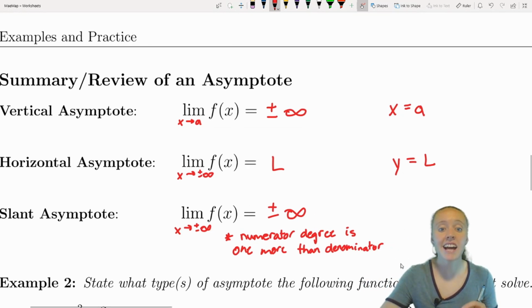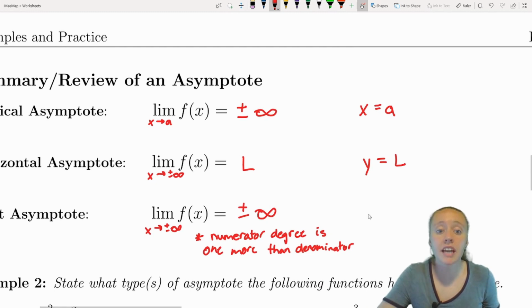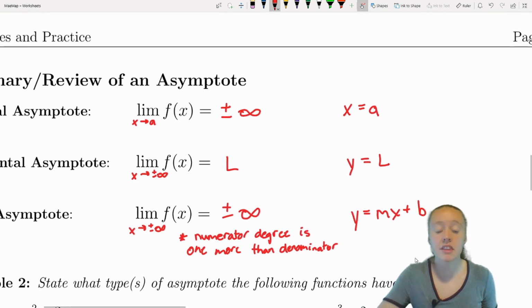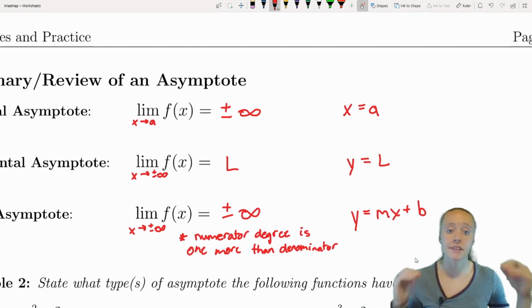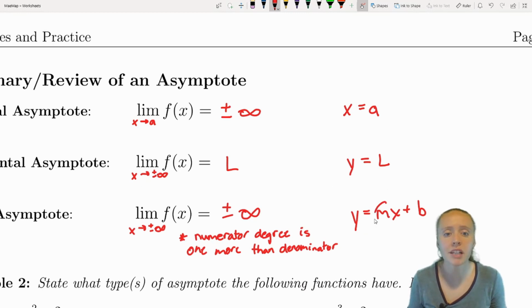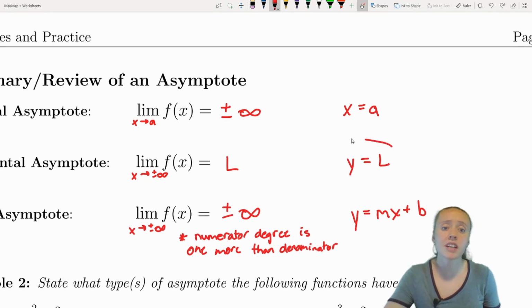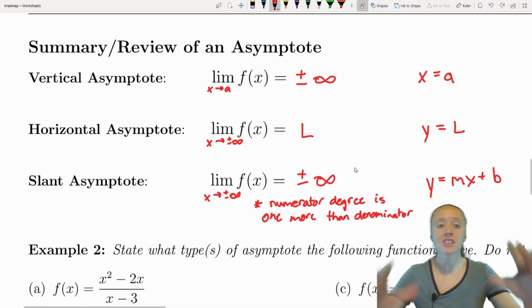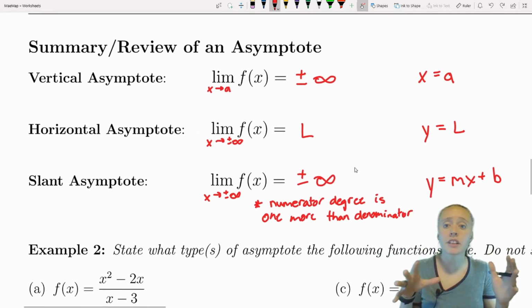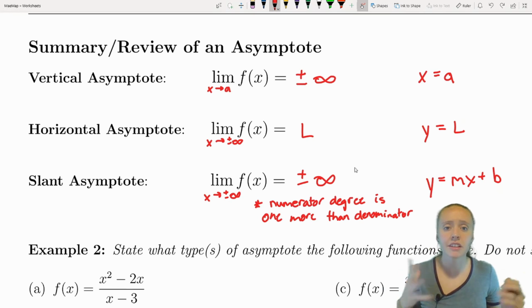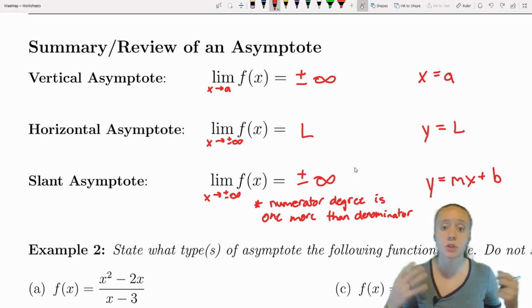And as long as that's the case, then we're going to get some line y equals mx plus b. That is going to be our slant asymptote. And again, remember, m is not going to be 0 because if it was, that would just be some horizontal asymptote. So that's all of our asymptotes that we're going to go over in this series, all lined up together just so you can visualize the differences between each.